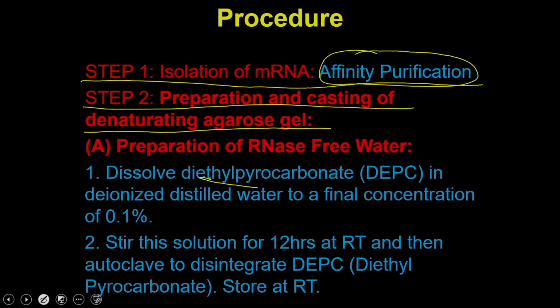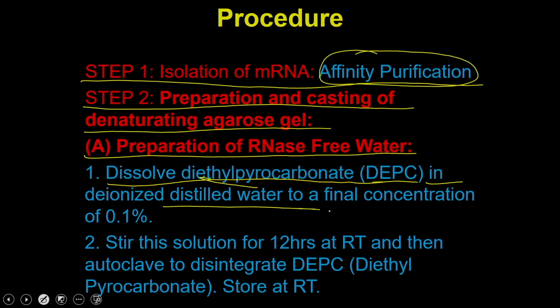In step 1, you have to prepare RNase-free water. RNase-free water is prepared by simply dissolving diethyl pyrocarbonate, or DEPC, in deionized distilled water to a final concentration of 0.01%, and DEPC is a strong inhibitor of RNase.